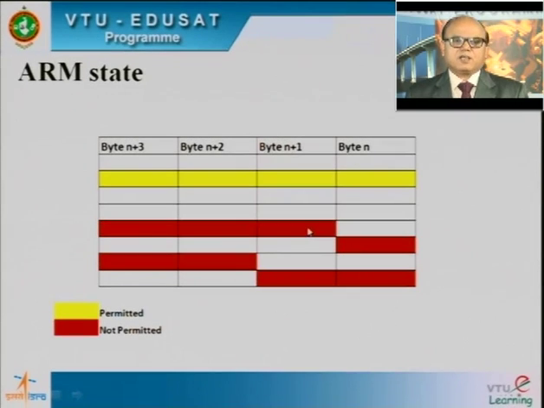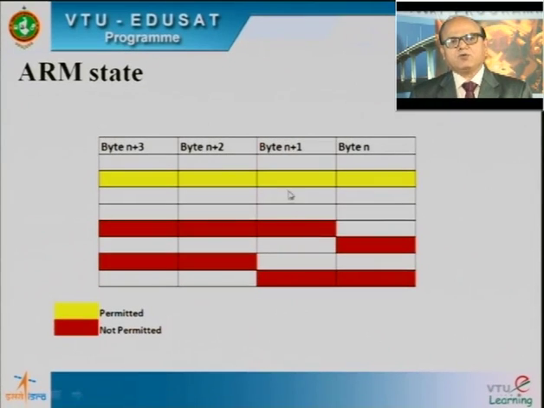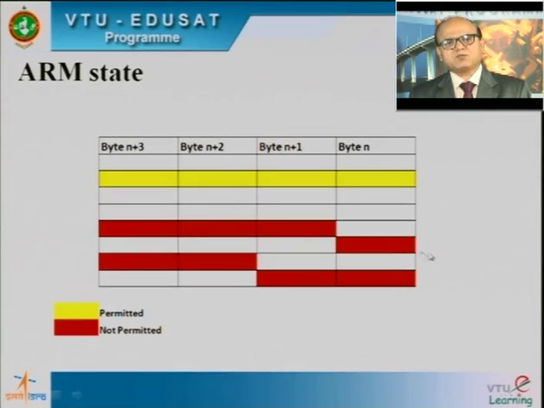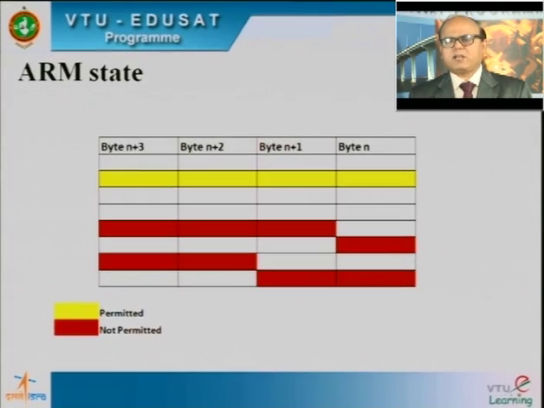An instruction of 32 bits or 4 bytes would occupy bytes n plus 1, n plus 2, n plus 3 and the next word's byte n, in which case 3 bytes are in one row and the last byte occupies the next word. Let me take an example: byte n corresponds to byte address 1200, and this becomes 1201, 1202, 1203 and 1204.